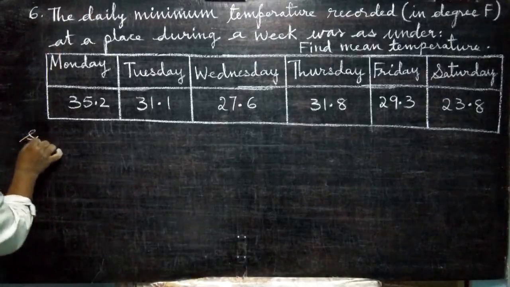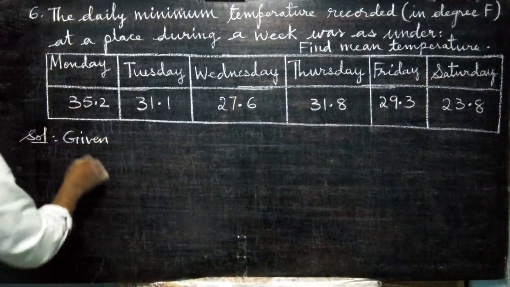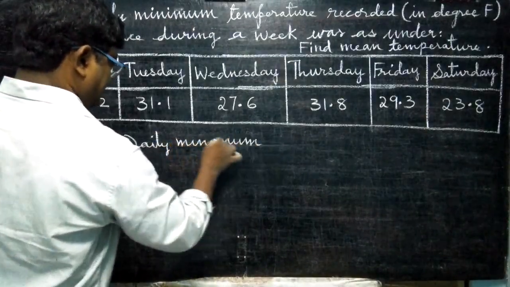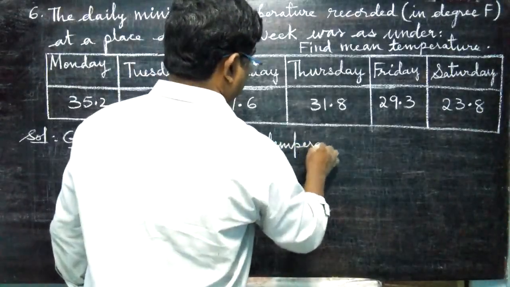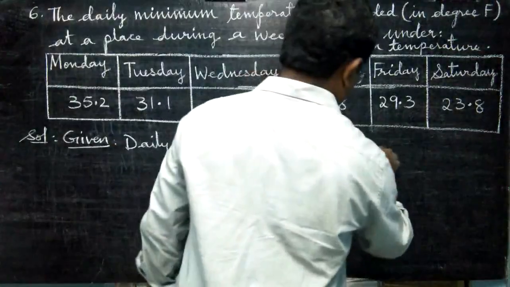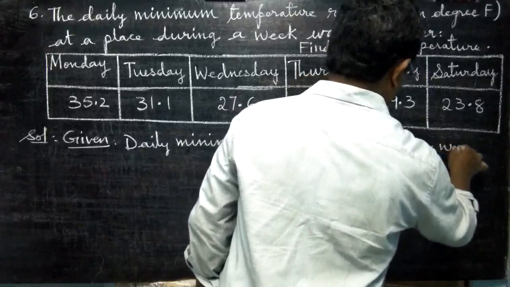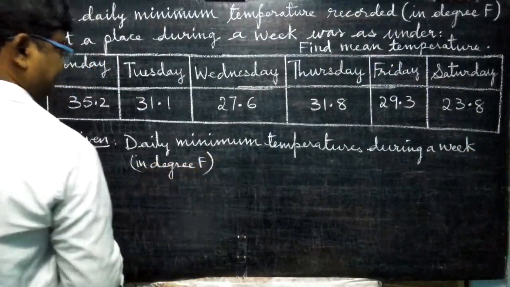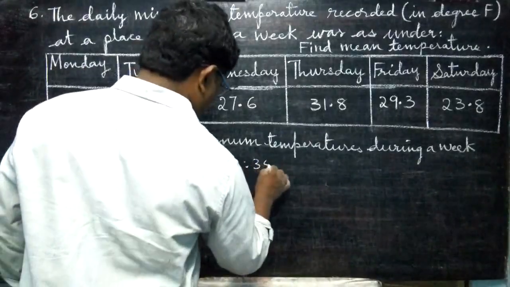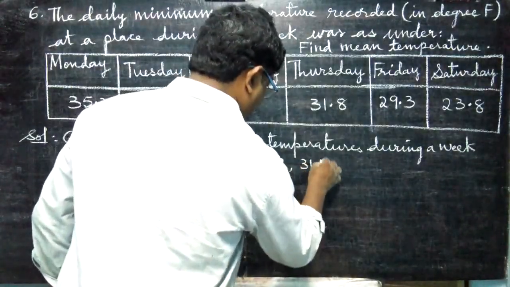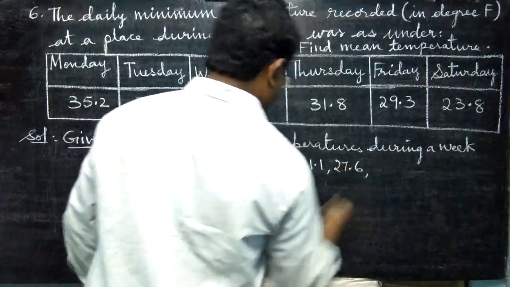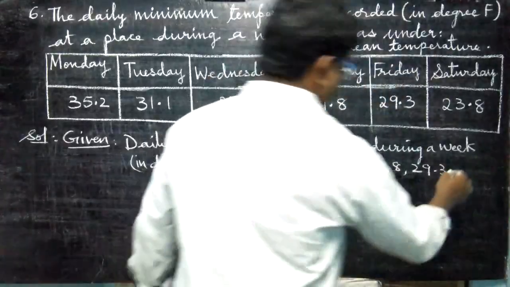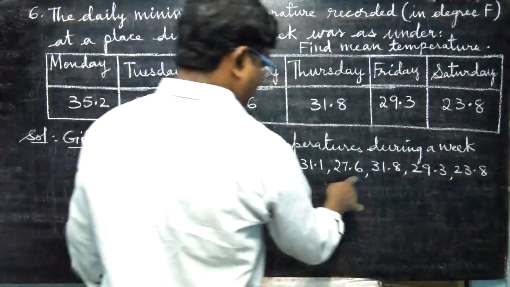Now, solution. Given: daily minimum temperatures during a week in degrees F, F means Fahrenheit, as 35.2, 31.1, 27.6, 31.8, 29.3, 23.8. 1, 2, 3, 4, 5, 6.